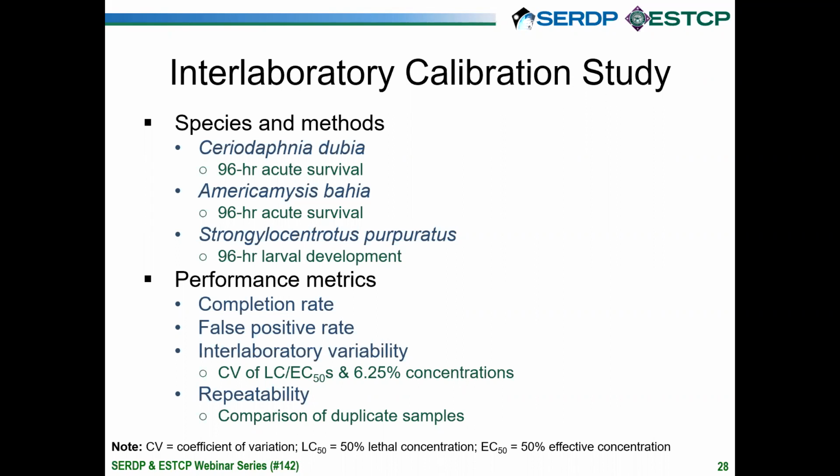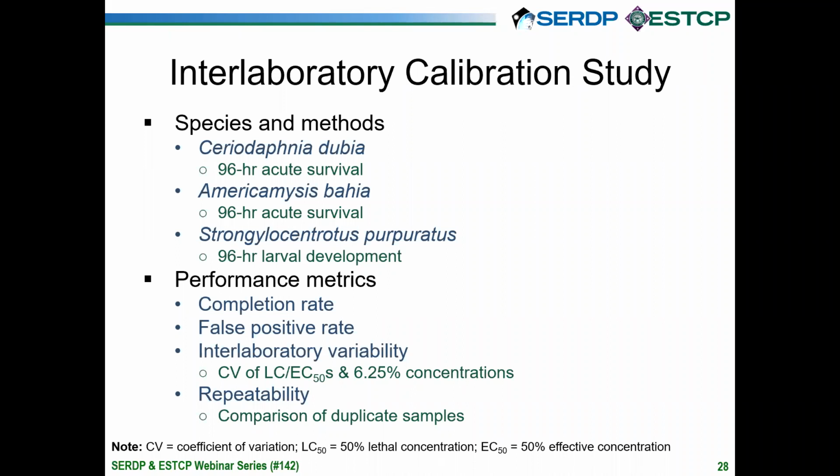Each participating laboratory was required to pre-qualify for each test method by documenting their capabilities, experience, proficiencies, and quality assurance processes in order to meet the needs of the study. So there was a very comprehensive evaluation of each lab prior to the start of this.